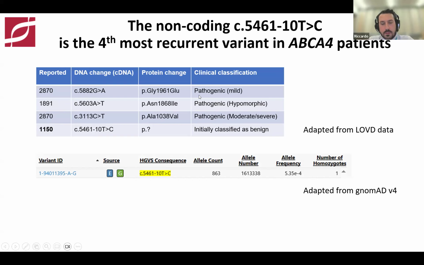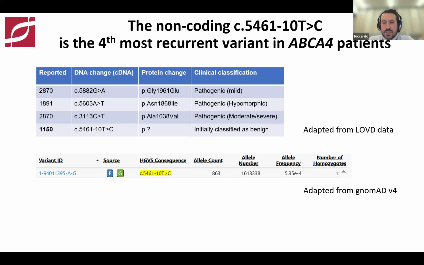But while the first three missense variants were classified as pathogenic, either mild or moderate severe or hypomorphic, this one was initially classified as benign. So we thought it was a bit odd, given the very recurrent presence in patients, but also because if you see gnomAD v4, again, our population database, you see that this -10 T>C is actually present approximately 863 times.